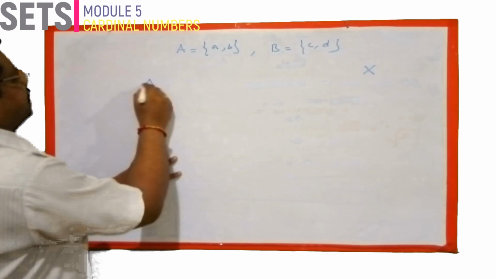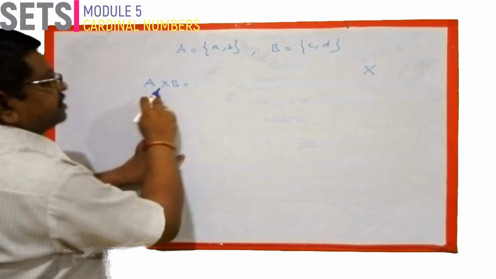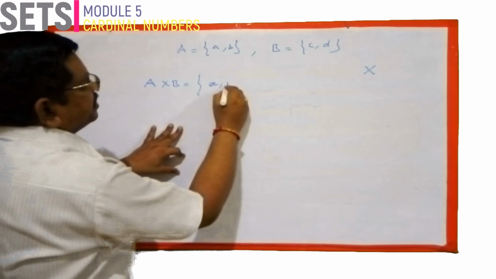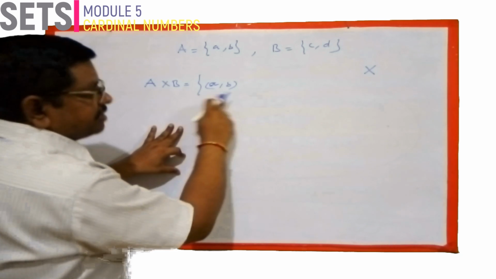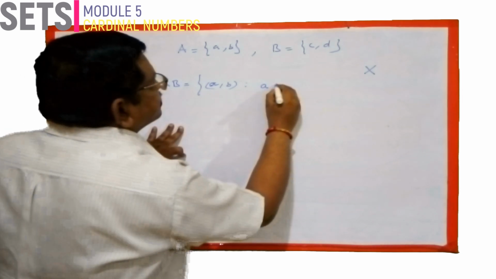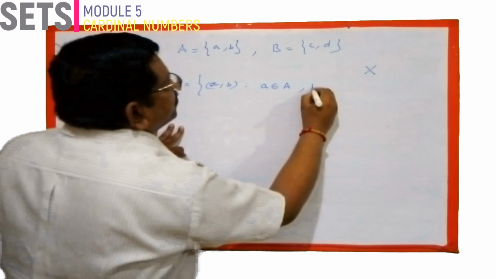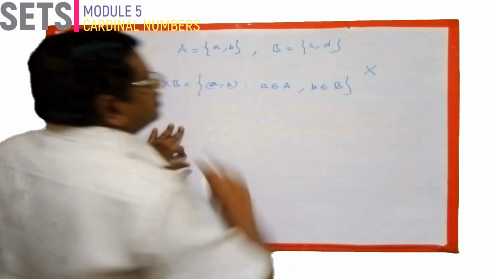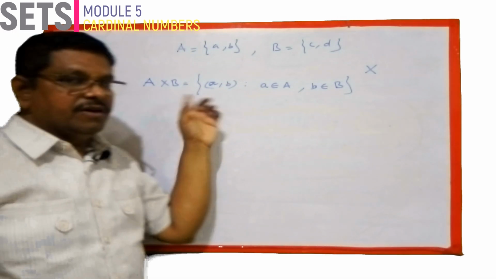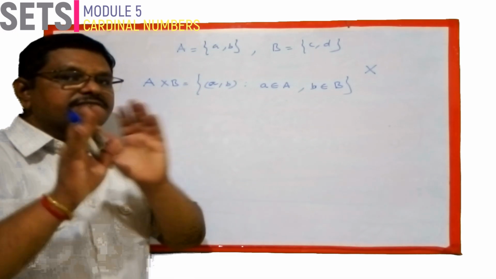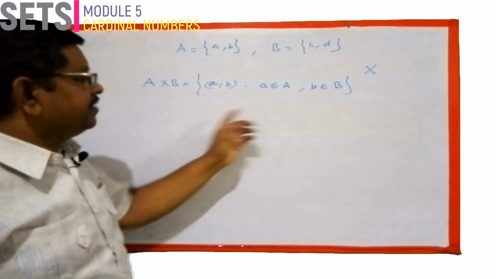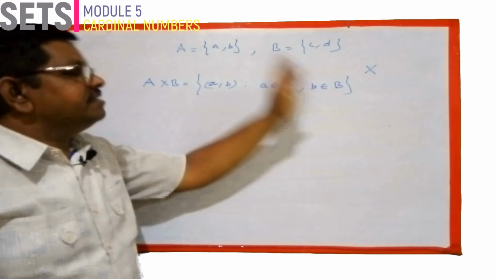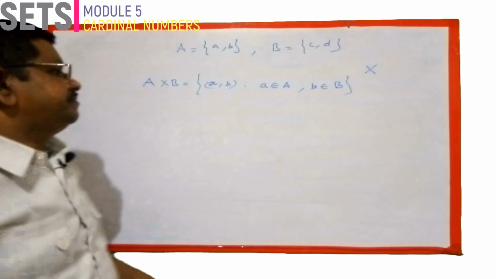So here A cross B, the definition is set of all A comma B in open bracket. That means it is an ordered pair such that A is the element got from A and B is the element got from B. Whatever the element A we take in open bracket, that is definitely taken from the first set, whereas B, which element is taken in the second part, that is taken from B.